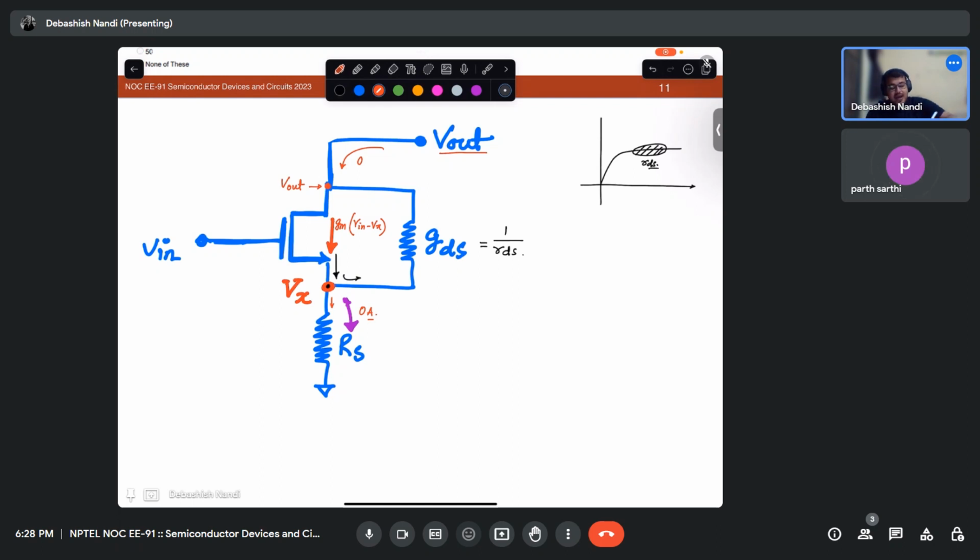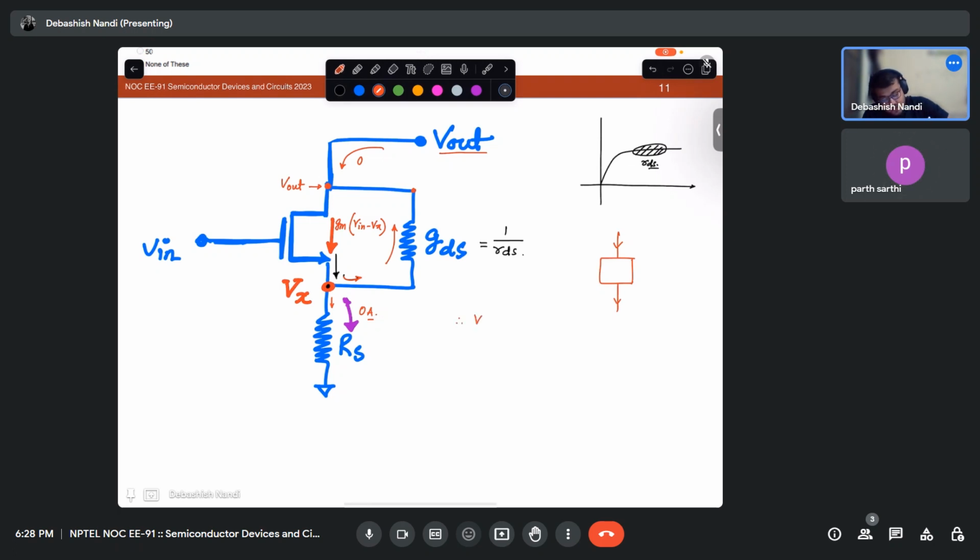Why will zero current come out? Because it is a KCL box. Whatever is coming in, it should go out. So what happens? That entire current will be diverted through GDS only. And it will then create a potential at this point.